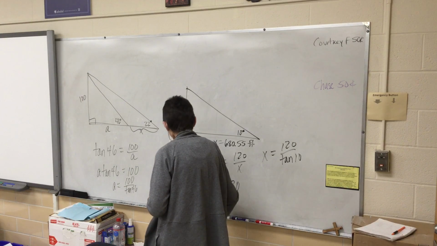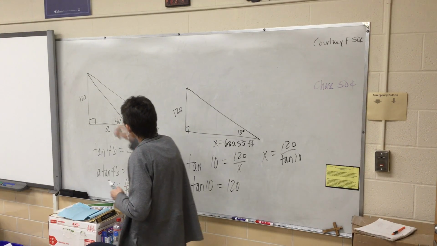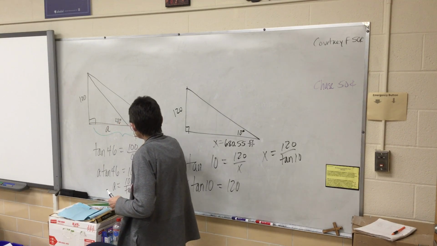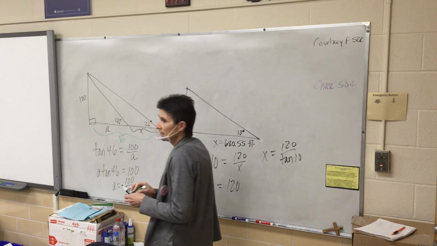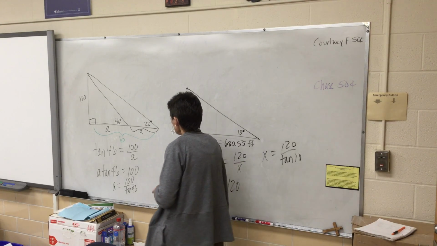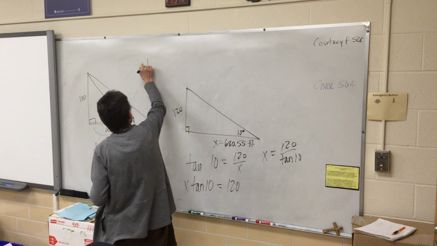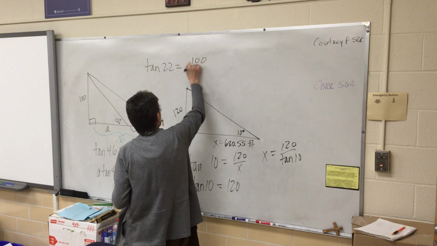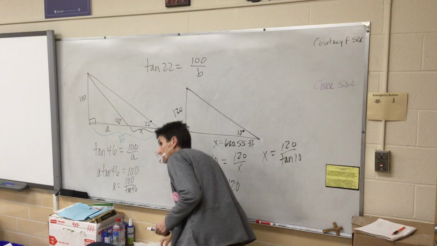Now let's look at the whole big triangle, the whole thing. Can I call this B and figure out what it is? So that equation would say the tangent of 22 equals 100 over B. Would you agree with that?